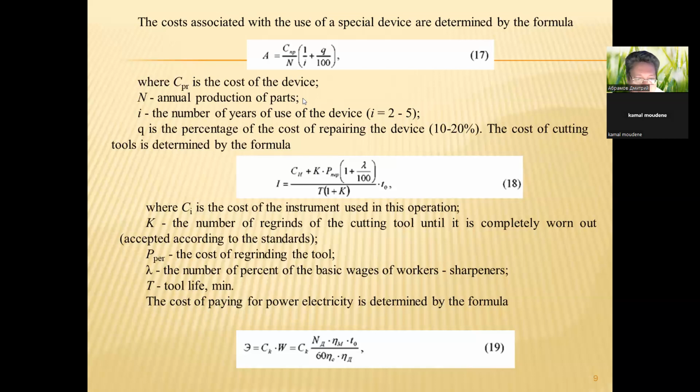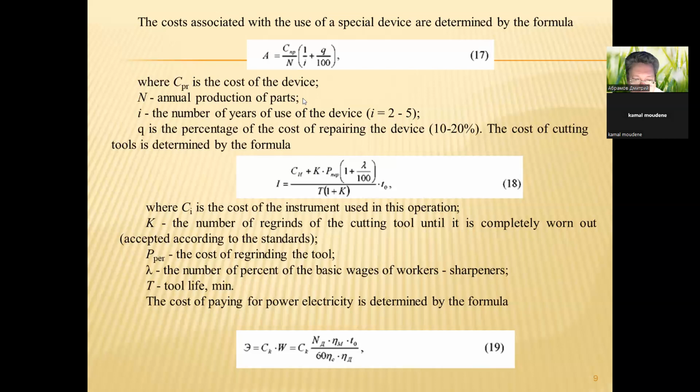Big P, the cost of regrinding the tool. Lambda, the number of percent of the basic wages of worker sharpeners. T, tool life in minutes.